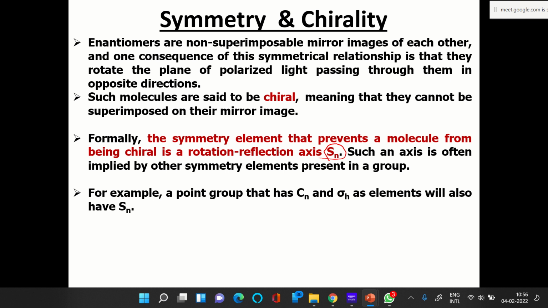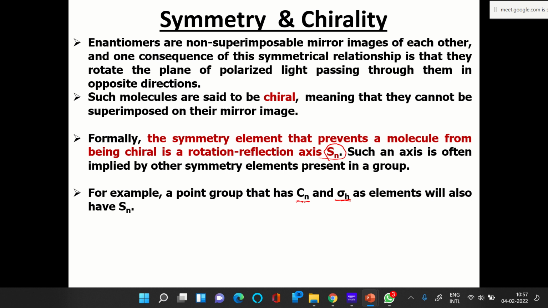For example, if a point group has Cn and sigma h, then an Sn will always be present, because it is rotation followed by reflection in a perpendicular plane.